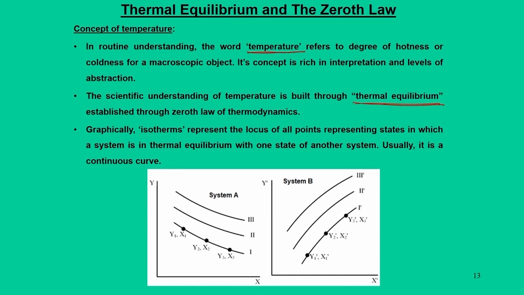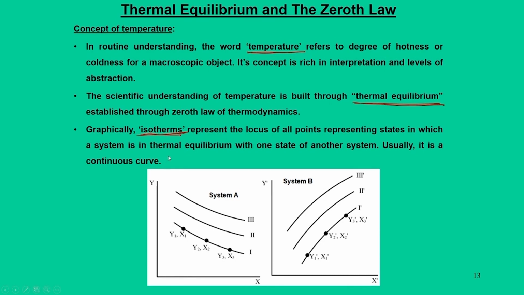In other words, this same concept can be represented in graphical form, and we call this an isotherm. An isotherm represents the locus of all points representing the states in which a system is in equilibrium with one state of another system, and in fact it is a continuous curve.